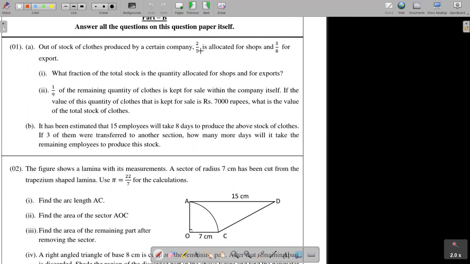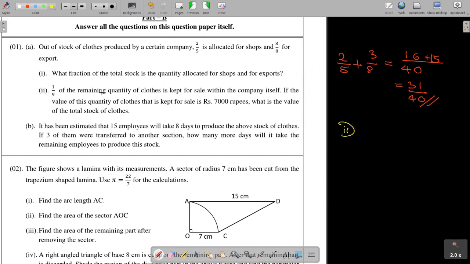For total quantity for export and shops, so 2/5 plus 3/8. Then you have to get a common denominator, that is 40. 5 times 8, 2 times 8, 16. 8 times 5, 3 times 5. So 31 divided by 40 is the first part.